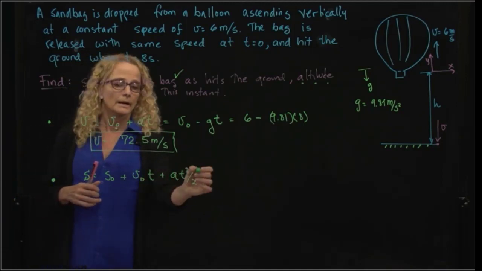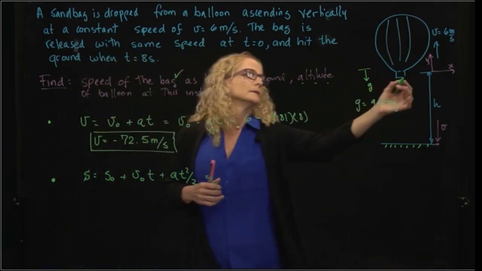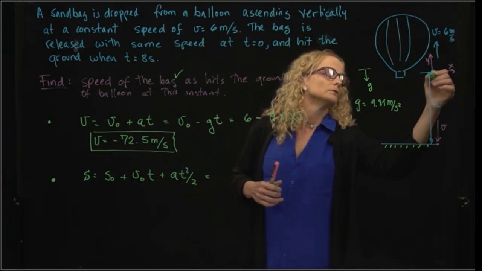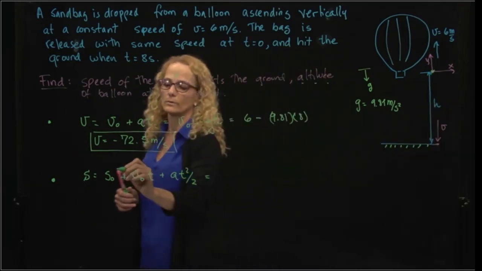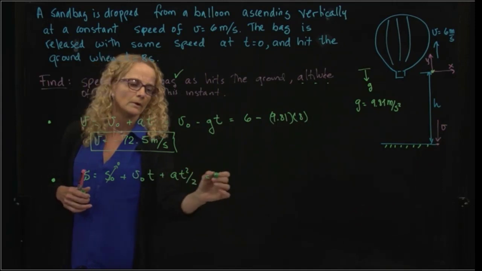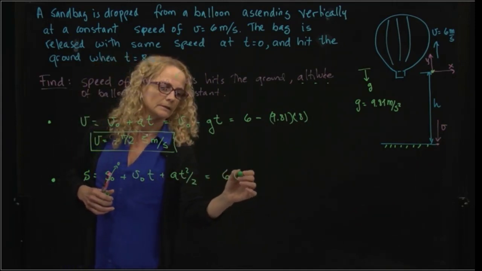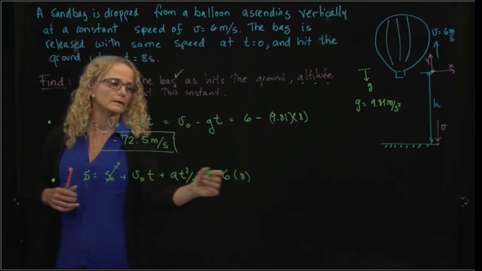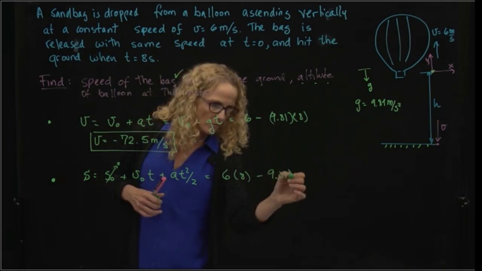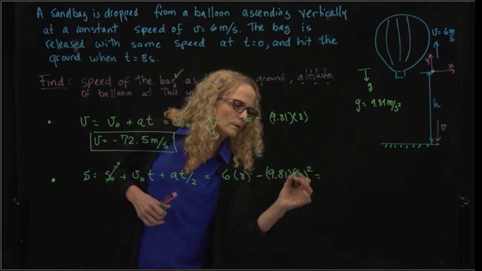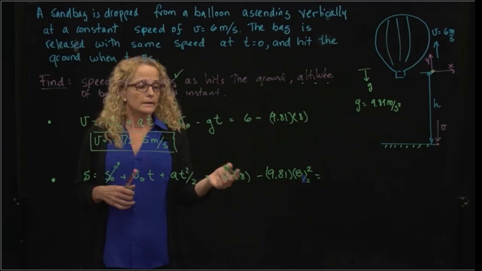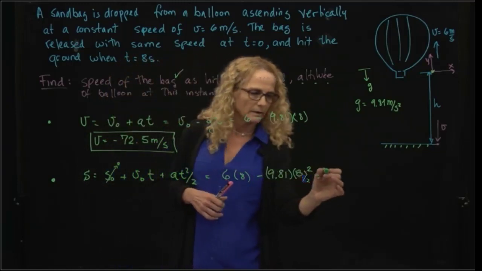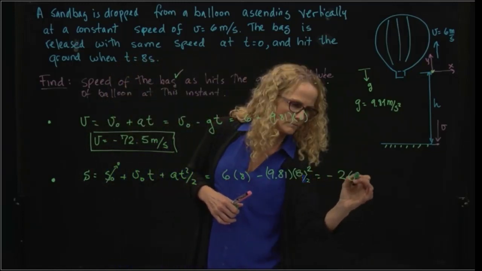If this is 0, we want to find that altitude. So we make this 0, and we have 6 times 8 seconds, minus 0.81 times 8 squared. If you calculate that, I have the result right here.